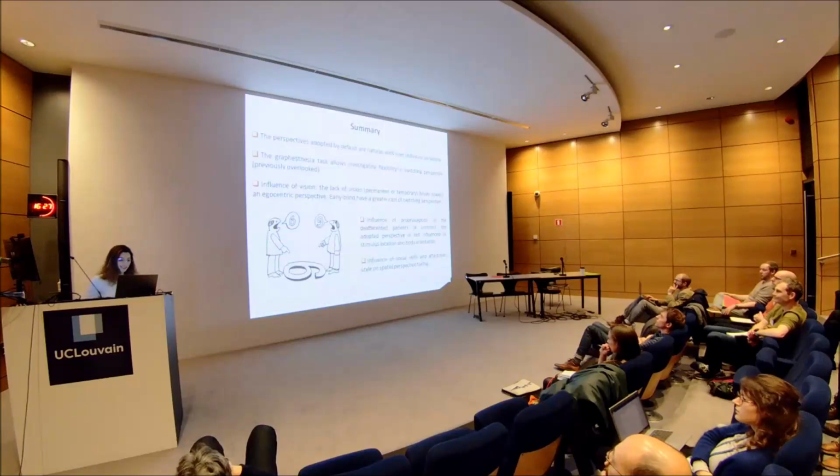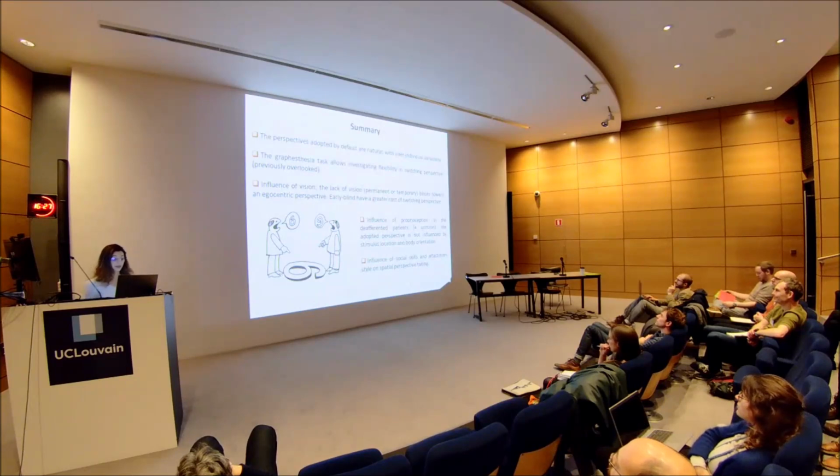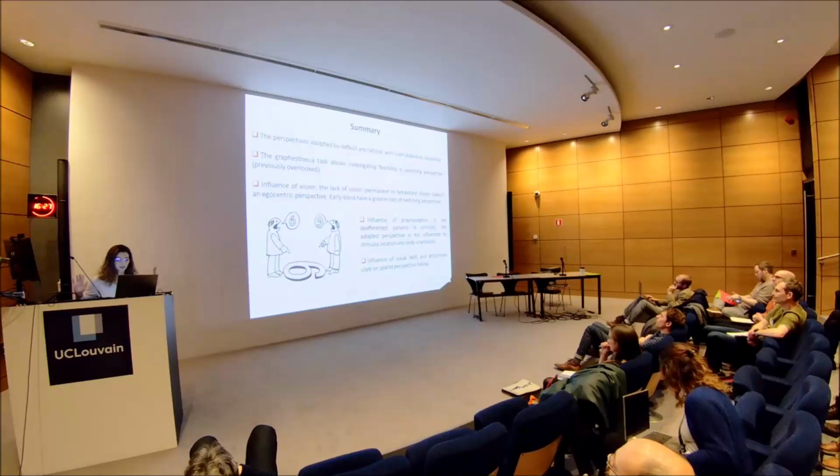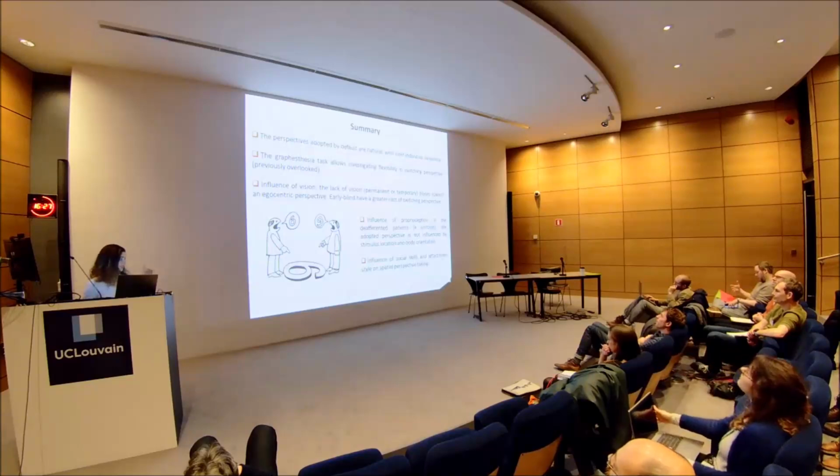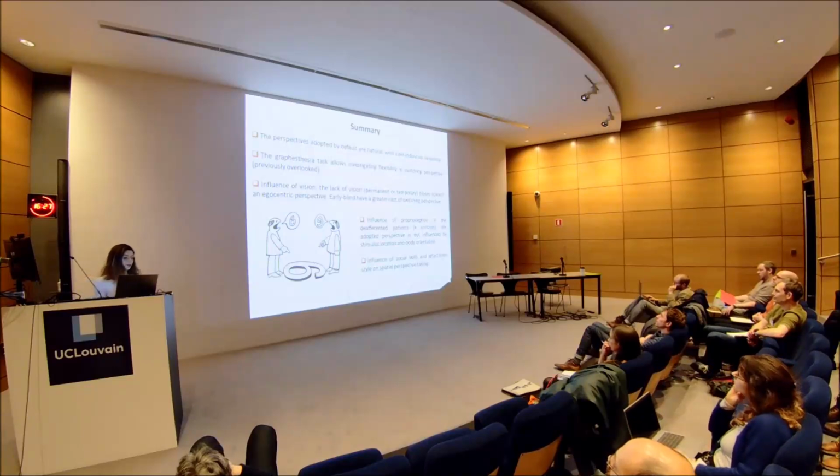So to summarize what I've said, the perspectives adopted by default are natural, with inter-individual variability. As we saw, by default, 50% trunk, 30% head, and 20% center, and also a variability in the ability to switch perspective. There's an influence of vision.